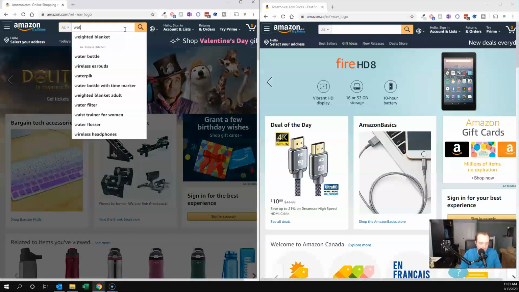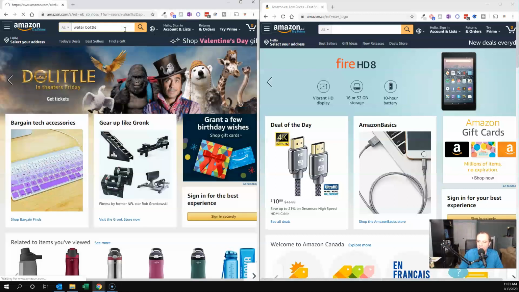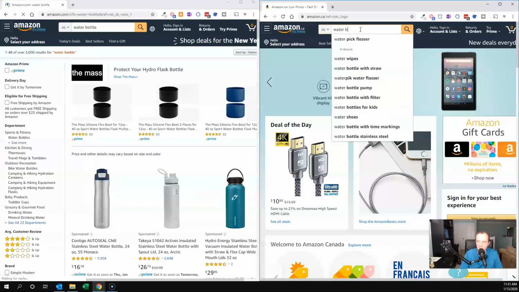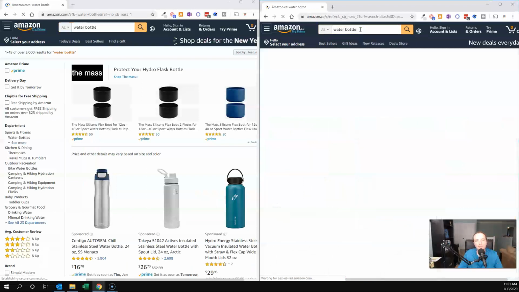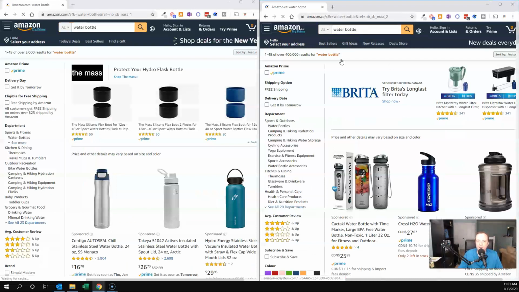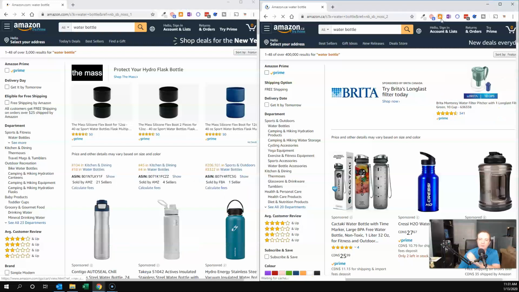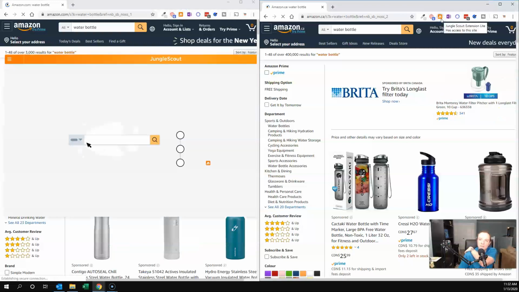If I look up water bottle on Amazon.com, and we'll look up water bottle on Amazon.ca, and I'm going to use Jungle Scout. You can use Jungle Scout or whatever your favorite product research sales approximation tool is.